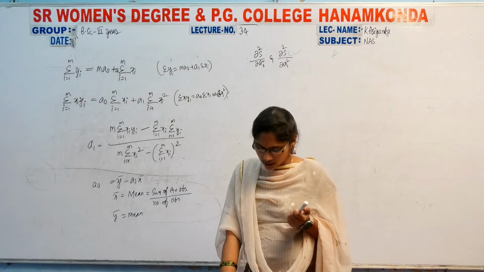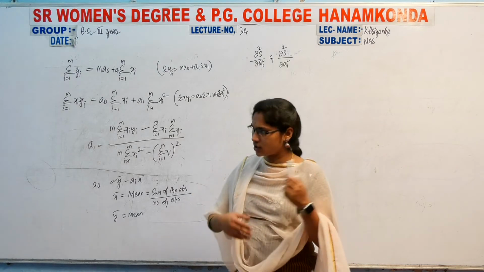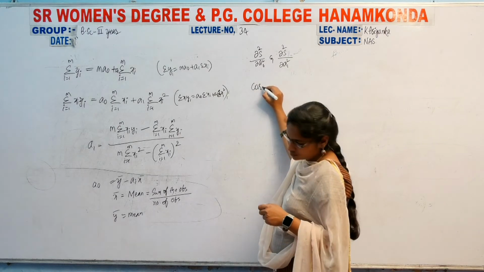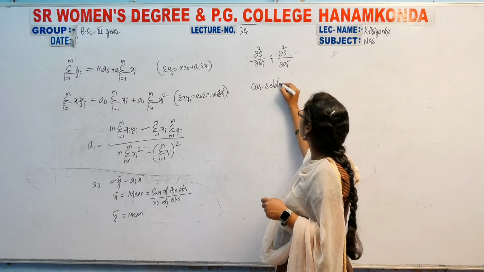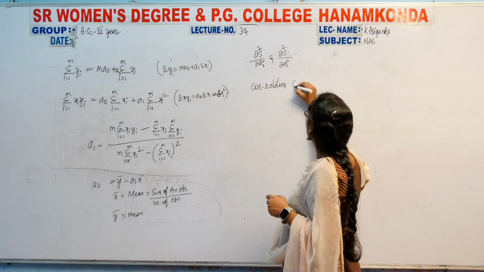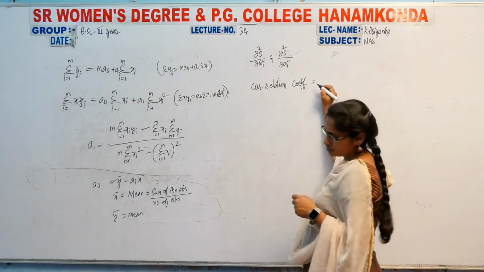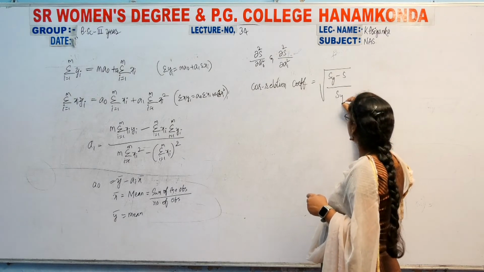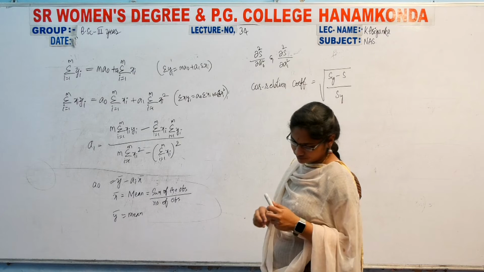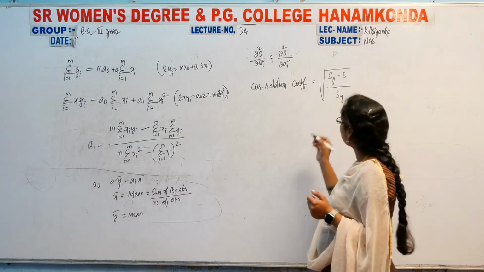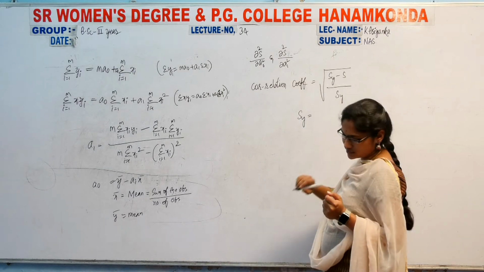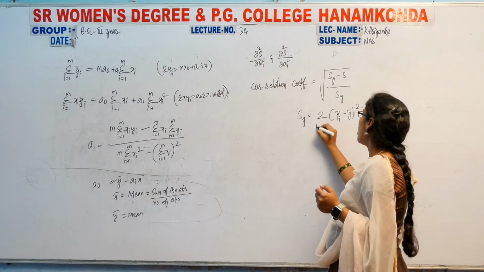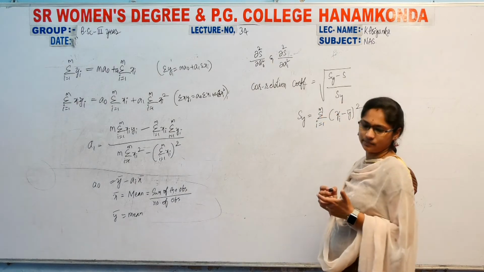Next point, the correlation coefficient is equal to, write down the formula, the square root of (Sy minus S) by Sy, where Sy is nothing but the summation of (yi minus y bar) whole square, with i from 1 to m.